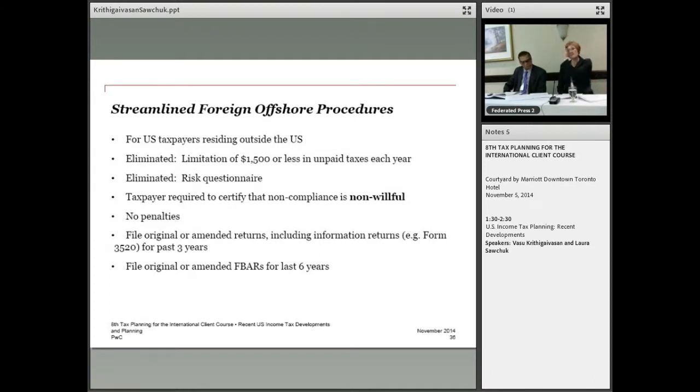So the non-residency requirement for streamlined purposes, what that means is that U.S. citizens and green card holders, for at least 1 year during the 3-year period that they're required to backfile their returns, they have had to have an abode, a place to live outside of the U.S., and they must be outside of the U.S. for more than 330 full days.